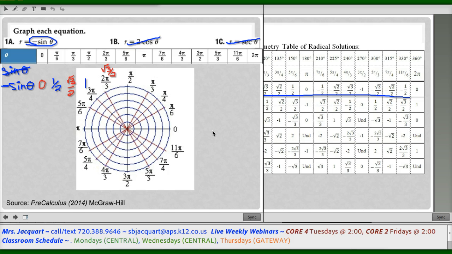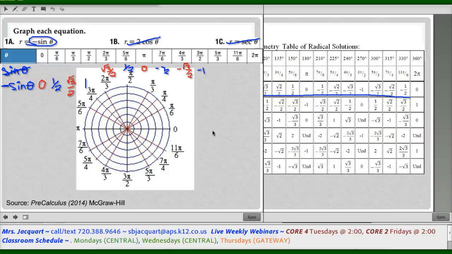Sine of pi/6 is 1/2. Pi is going to be 0. 7pi/6 is negative 1/2. And then negative square root of 3/2. And then we've got negative 1.